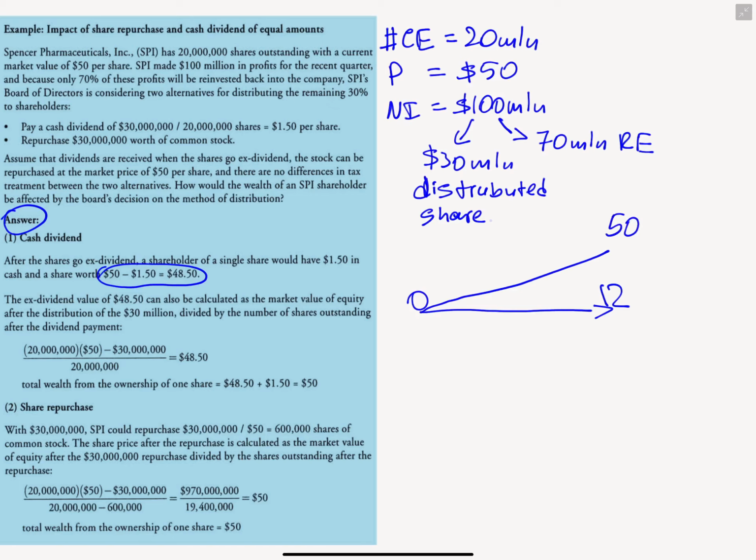If the company pays a $1.5 dividend, it means the 50 carries the dividend in it. So the price of that company is 48.5, and the 1.5 is the dividend that it carries. If the company pays the dividend, the stock will fall to 48.5, because the 50 carries 1.5 of dividend in it.